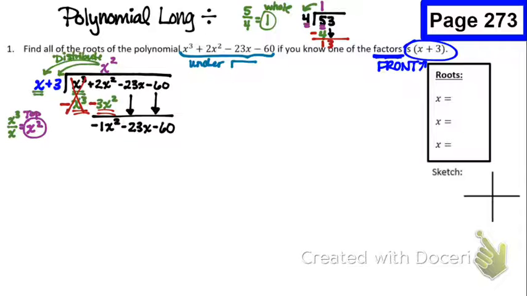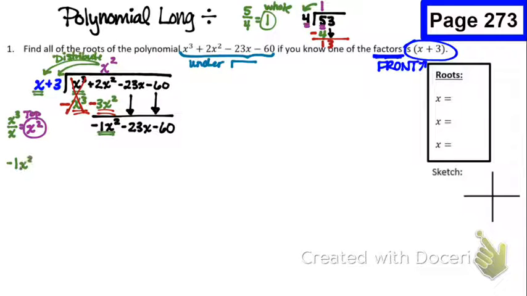This is just like where I stopped writing things down here. And you said we kind of start all over again, right? We go, how many times does 4 go into 13? So I'm going to start all over again here. I'm going to say, how many times does x go into negative 1x squared? So I'm going to pull those off to the side.